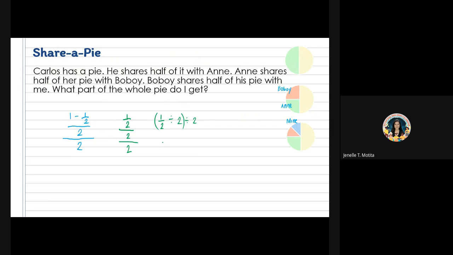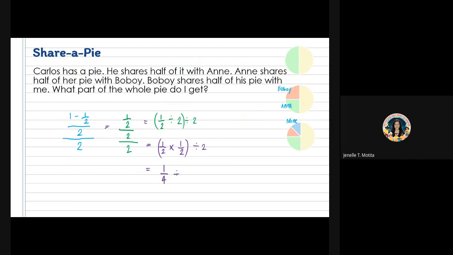Again, use your KMR: keep, change to multiplication, and then reciprocate. 2 becomes 1 half. And then divided by 2 again. Let's evaluate this one: 1 half times 1 half, and you will have 1/4.